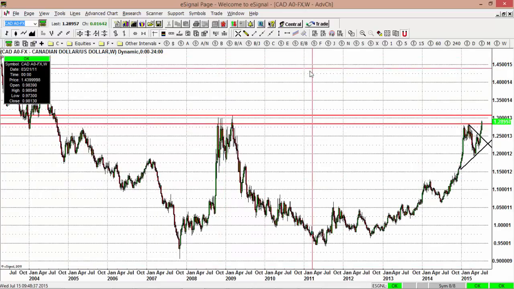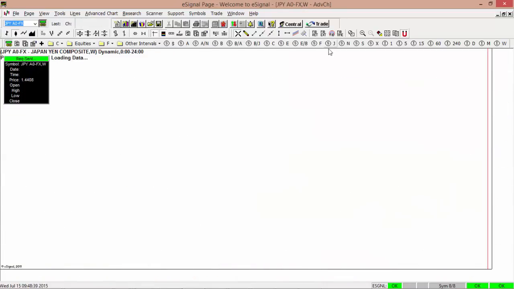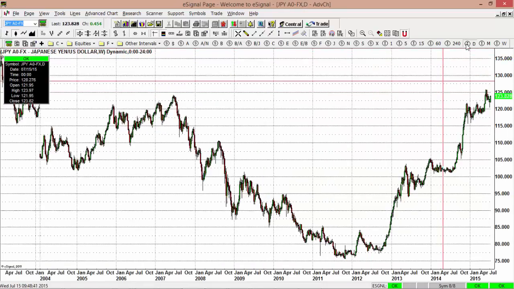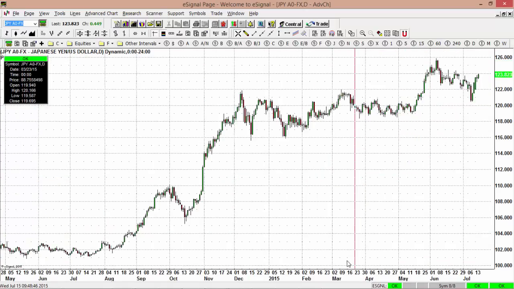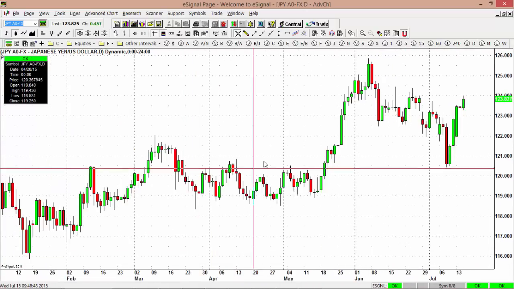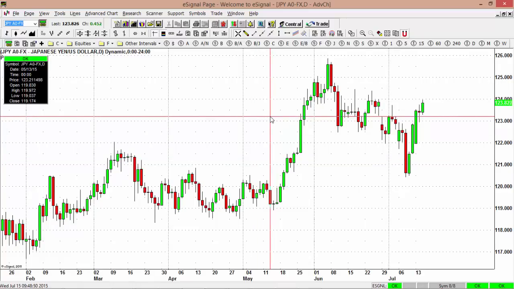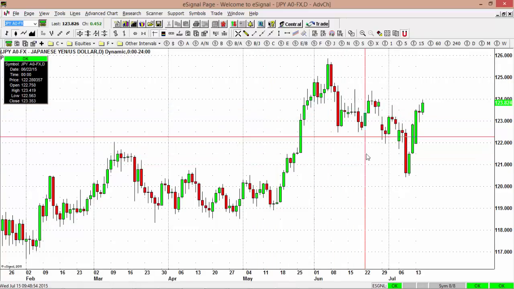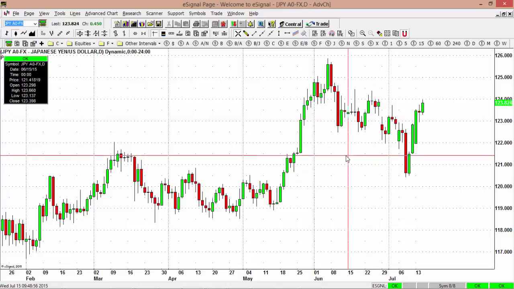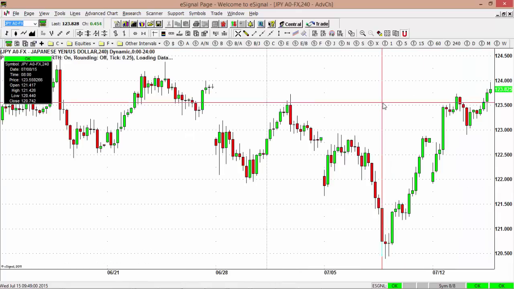Okay, let's take a look at the USD Japanese yen. We said that the market pulled back and is continuing its rally. And where did the market pull back? We called this trade earlier last week, where we said that the market was bouncing out of the monthly pivot point resistance area.